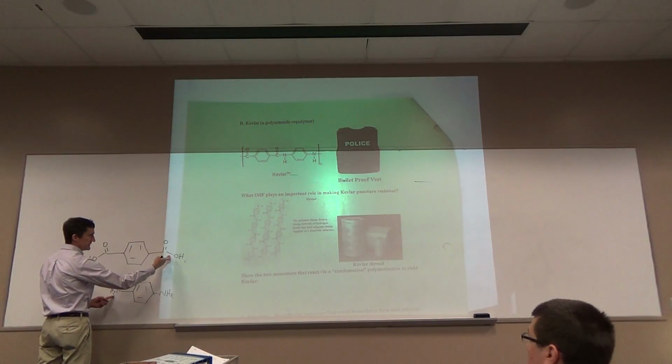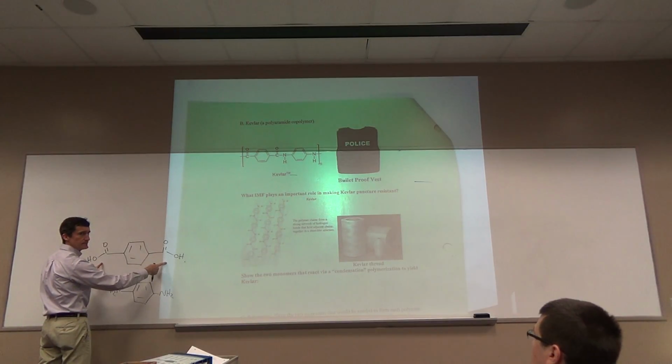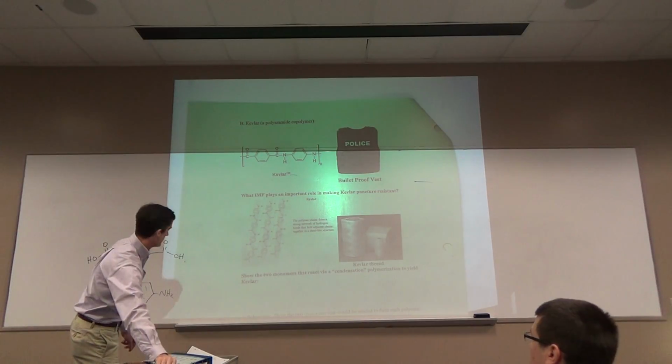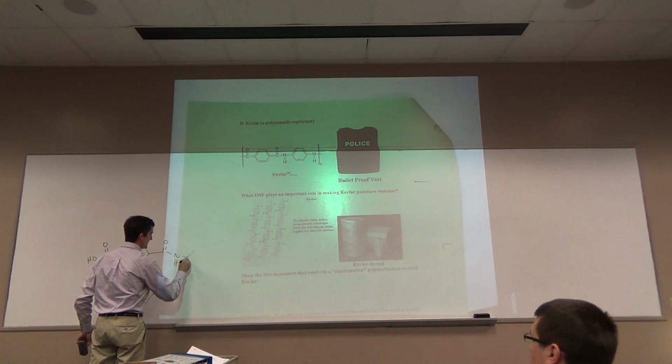These two condense to give the amide. By the way, that's called phthalic acid. This is just a diamine. And so this condensed to give the amide.